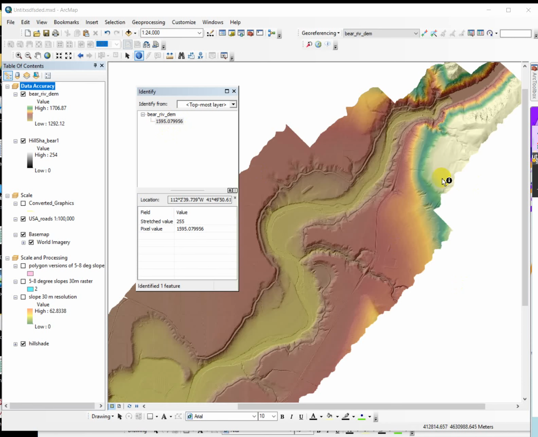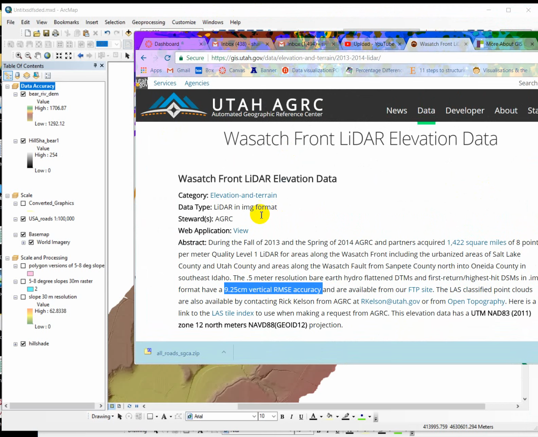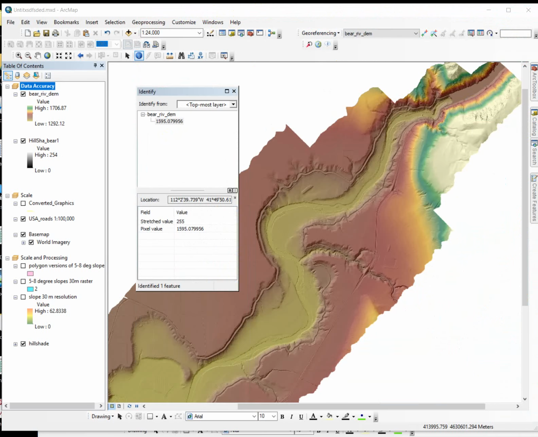That is not precision that's supported by the data's accuracy. We have 9 centimeter vertical accuracy. You cannot report elevations to the nearest thousandths of a millimeter. I hope that makes sense. So this is an example of accuracy limiting the amount of precision that we can report in our values.